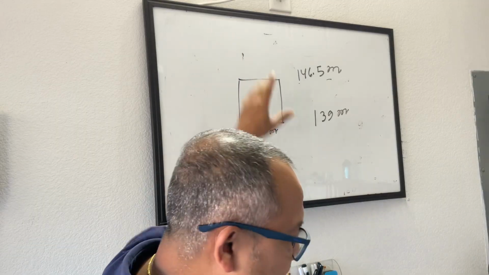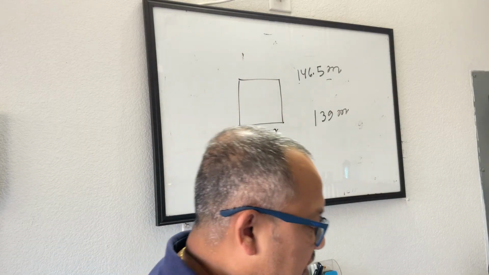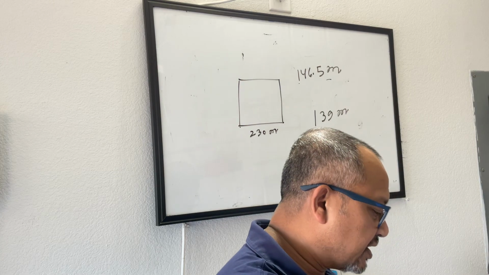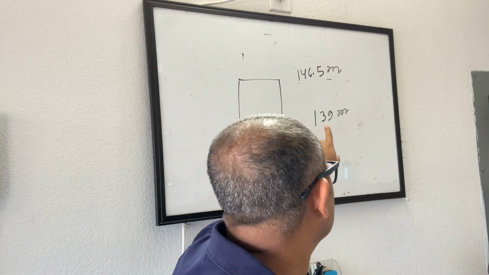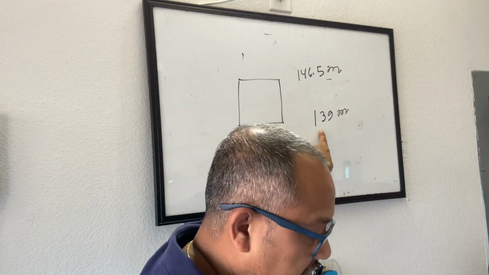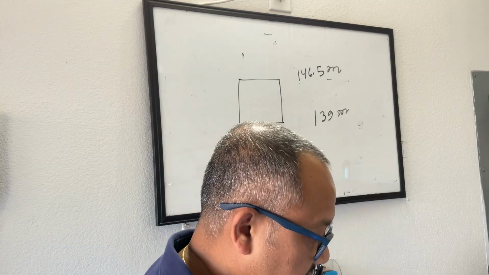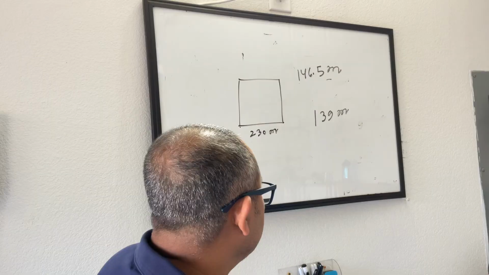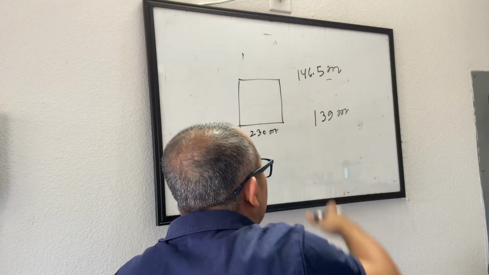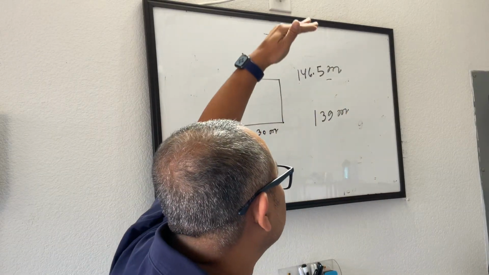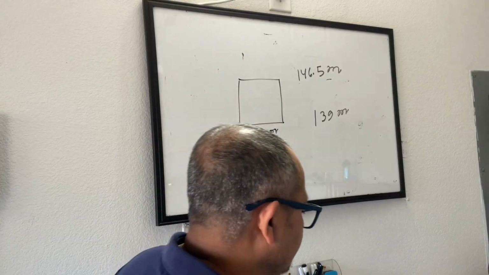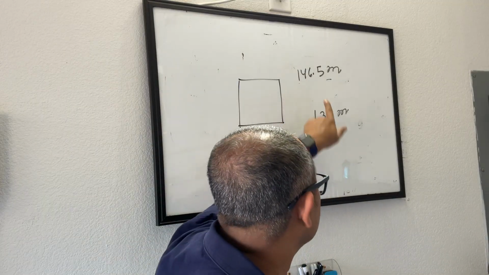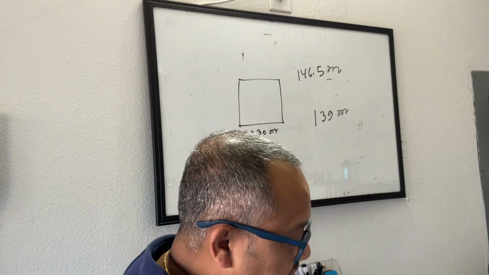Original height of that was 146.5 meters. Due to erosion, the height is now approximately 139 meters. So this was the original height, this is the new height. If the base area of the pyramid did not change. So there was erosion that kept on happening. So height kept on reducing and reduced from this to this. But the base area has not changed.